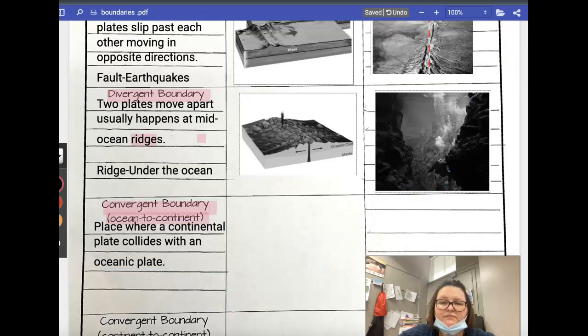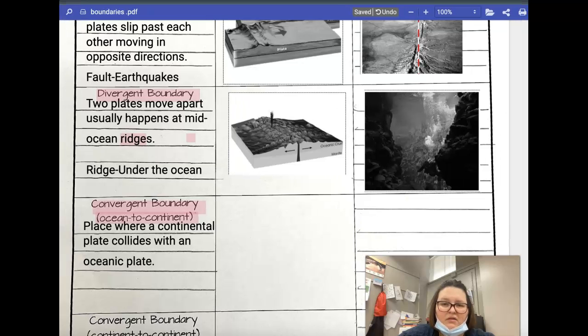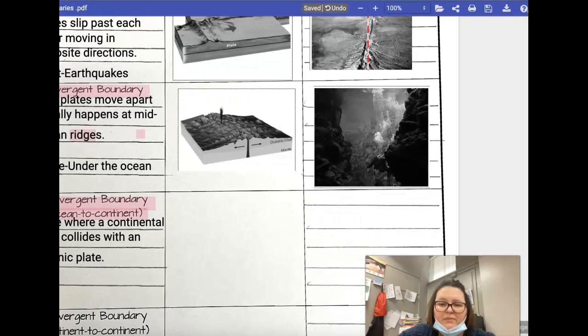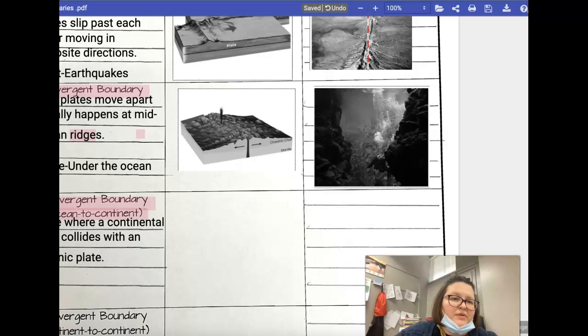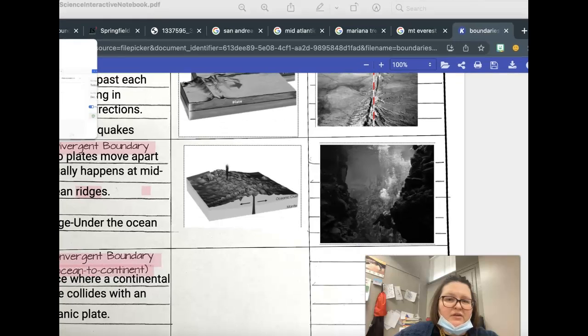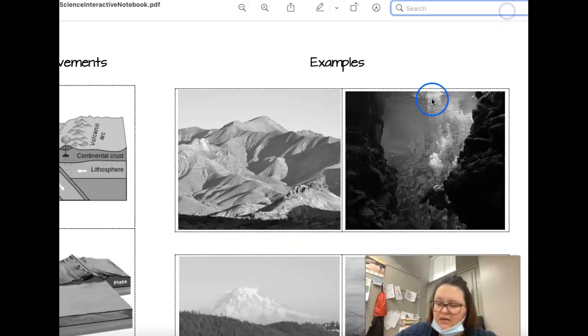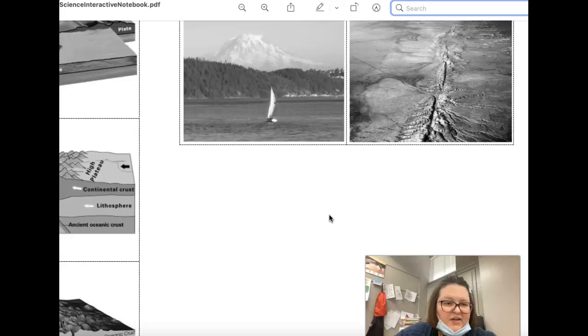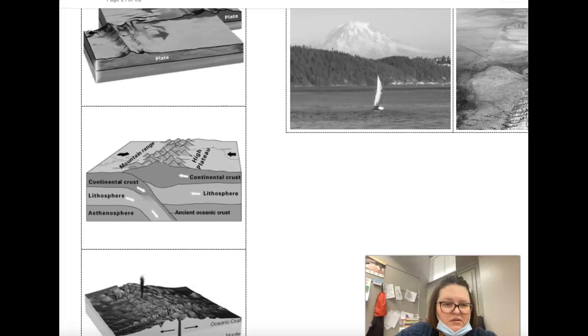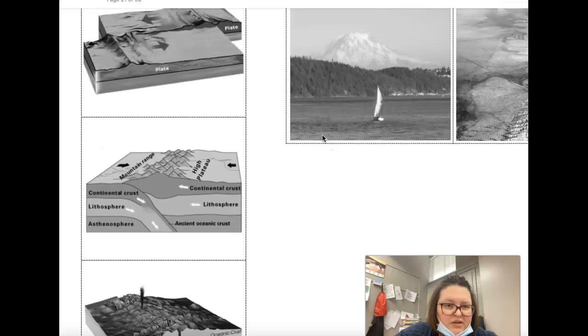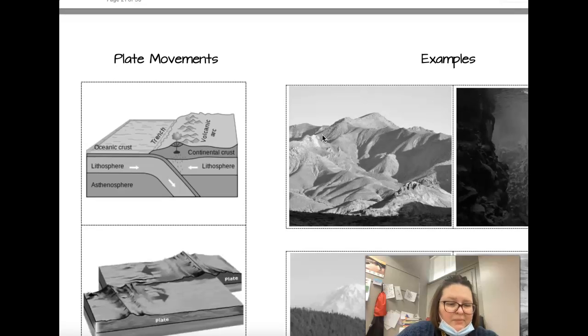Okay, so the picture you're going to need, I'm going to have to find it because something happened to my computer. The picture that you need will be this picture. Let me find it for us. You will need the oceanic crust. Aha! This one. I'm placing a box around it right now. You will need this picture.